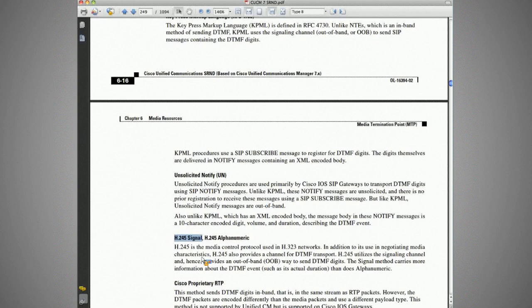They support H.245 signal, so why would we use something that requires an MTP when both sides support the same thing and it's not in an RTP packet? We wouldn't. It limits the necessity for invoking additional CPU intensive or just even in general expensive and limited resources.